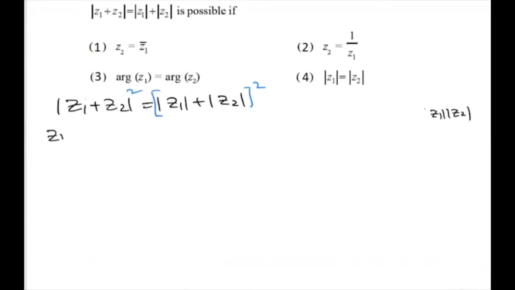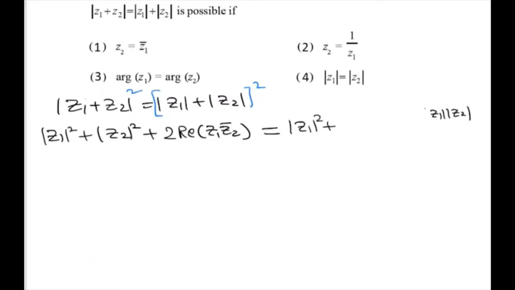You get mod z1 whole square plus modulus of z2 whole square plus 2 times the real part of z1 into z2 bar is equal to (a plus b) whole square formula here. Mod z1 square plus mod z2 square plus 2 times mod of z1 into mod of z2.